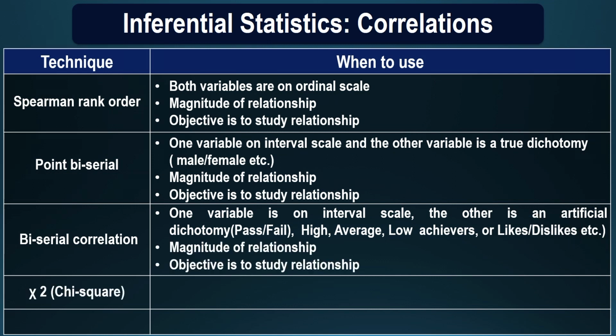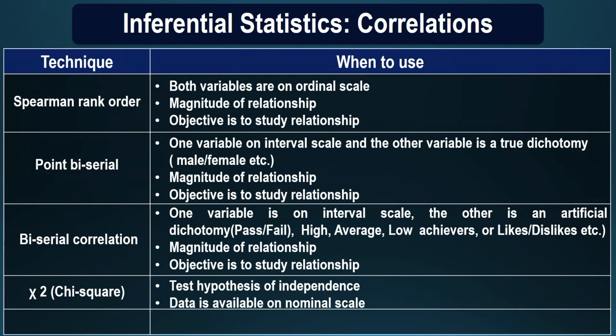Chi-square is another frequently used technique where you would like to test the experimental hypothesis of independence. So if you are interested in finding out whether the performance of student is independent of their use of right or left hand, then chi-square can be used to test this hypothesis, and here the data is available in the frequencies.